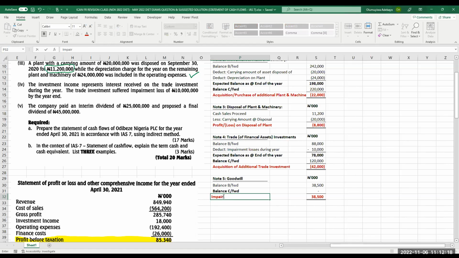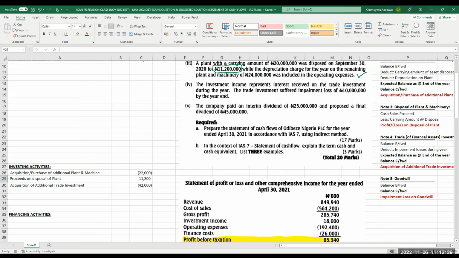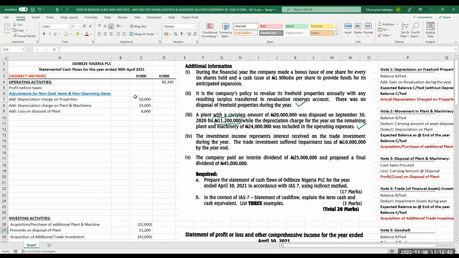Which means there's an impairment loss on goodwill, which will have affected our profit or loss. Which means there are two impairment losses now that we need to account for. One is impairment loss with respect to trade investments. The second one is impairment loss with respect to goodwill. Therefore, those two will have reduced our profit.